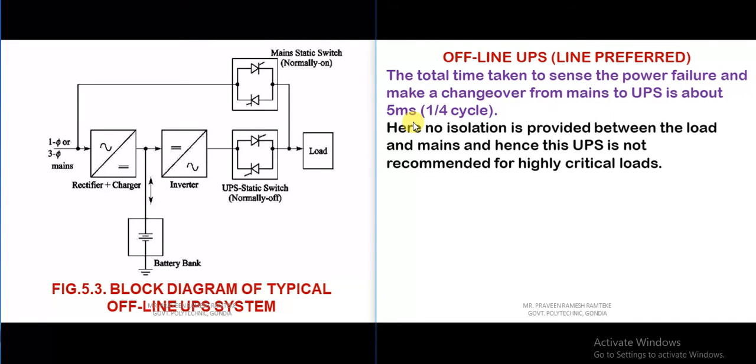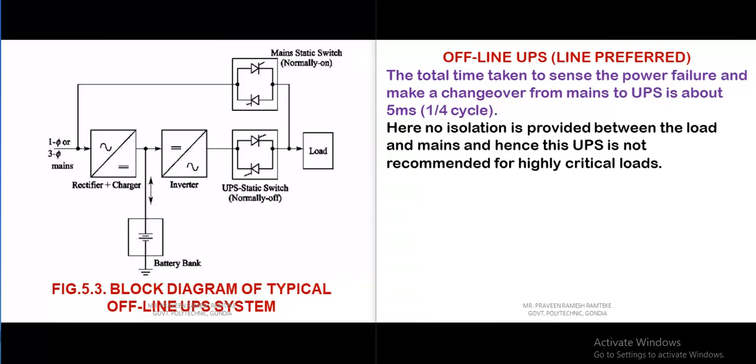There is no isolation provided between the load and the AC mains, and hence this UPS is not recommended for highly critical loads. Critical loads means loads where a temporary power failure has severe consequences. No isolation is provided between the load and the mains, so this can be the disadvantage, and hence it is not preferred for the critical load.